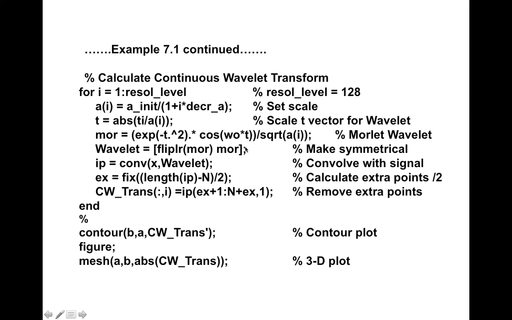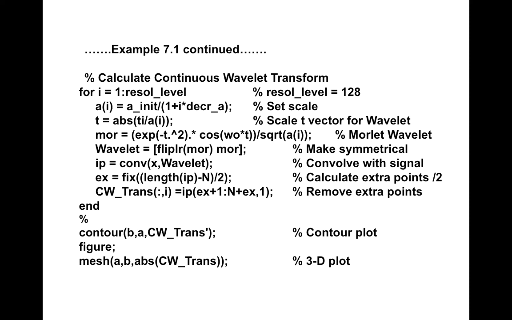You have extra points because when you flip the wavelet and make it symmetrical, basically you've got twice the length. So you have a data array of 1,000 points that's being convolved with a wavelet that's most likely 2,001 points because you've doubled it and you've made it symmetric about 0.